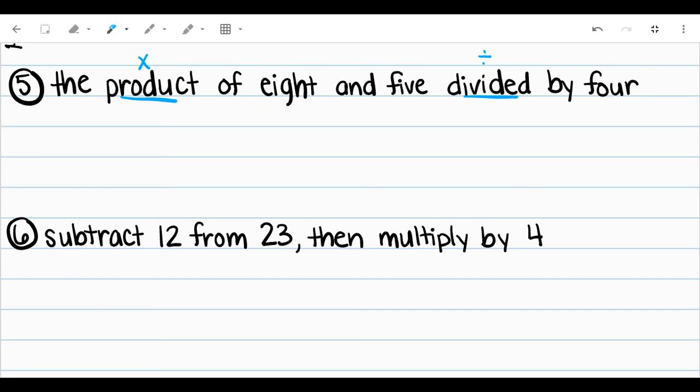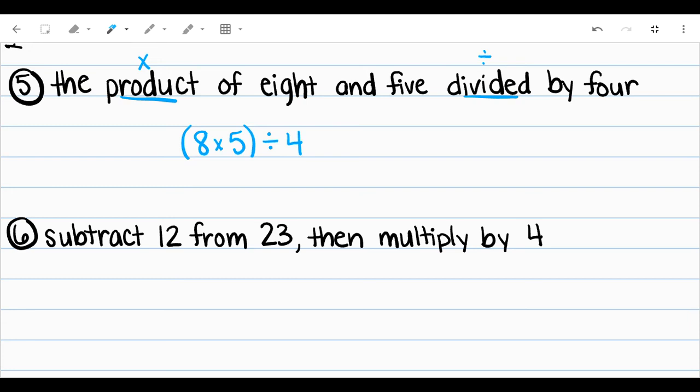So the product of 8 and 5, so we need to find that product, is going to be divided by 4. So if I do my 8 times 5 is my product of 8 and 5, put it in parentheses to say this first. Then I'm going to say that divided by 4.